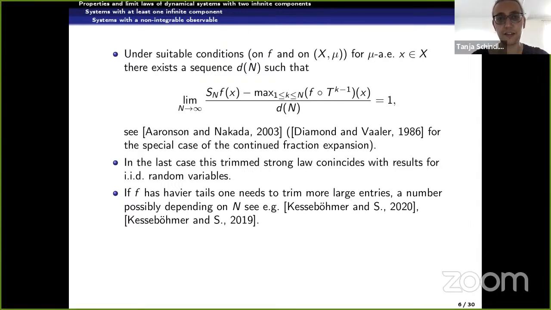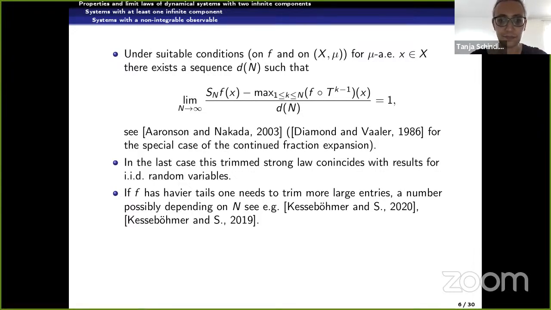And if our function f has heavier tails, meaning that the probability that we get large events is even larger, then a trimmed strong law like this might not hold anymore, but we might have to remove more large entries, like even a number of entries which depends on n, for example, something like log n many.